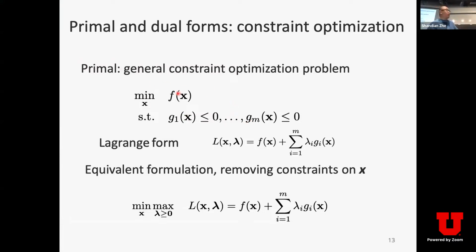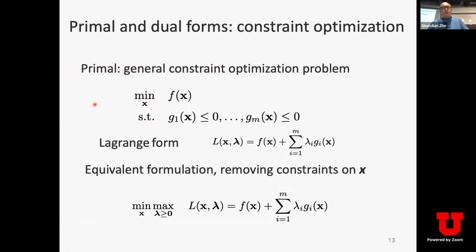This is called the general constraint optimization problem. Here we don't put any assumption about the form of f and g. f can be convex or non-convex. g1 to gm can be convex, non-convex, linear, nonlinear, and so on.